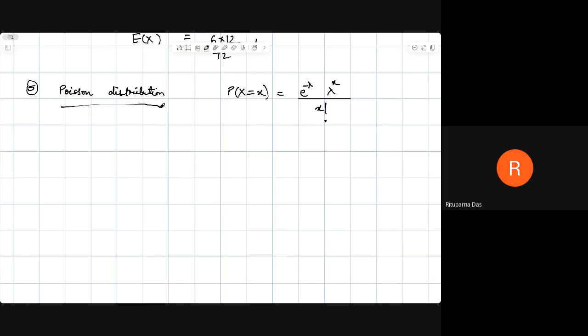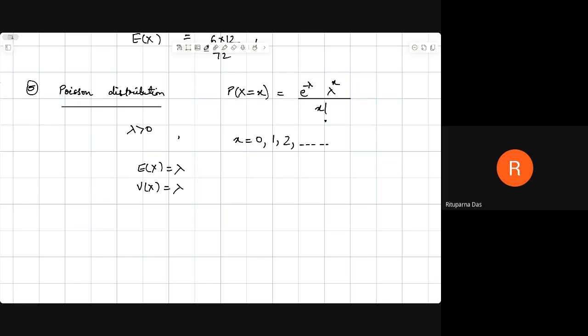In these circumstances we use the Poisson distribution, and x will be 0, 1, 2, anything, and lambda is greater than 0. Here expectation is lambda and variance is also lambda.